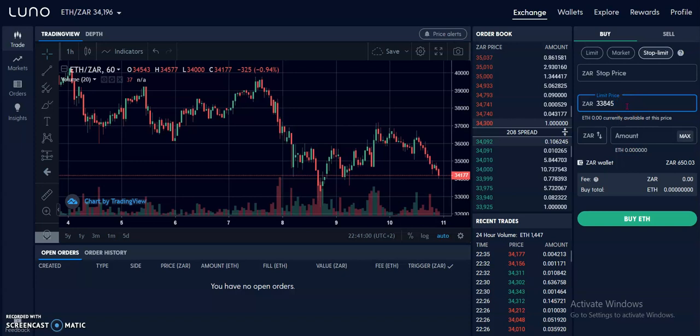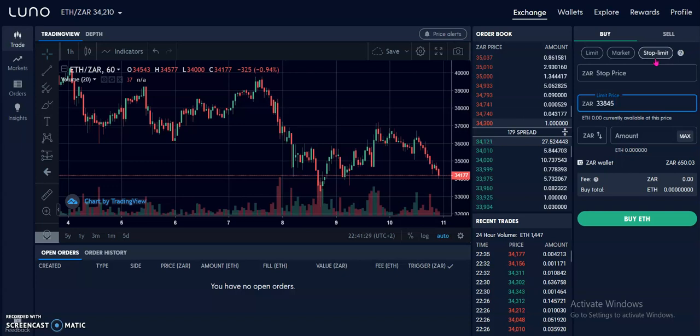But what happens is the whole point of this limit order. So normally, if we saw the price going towards that value of 33,845, by the time we log on to our computer or get into the system and try and place the order, the price might have gone up again and we missed the opportunity, or it already went down and came back up again.